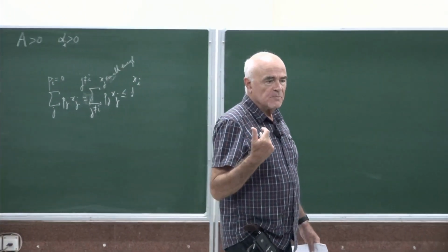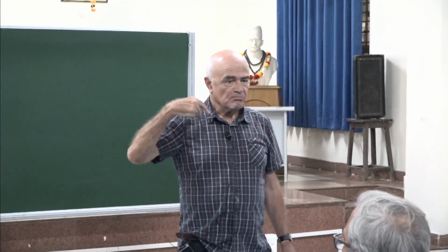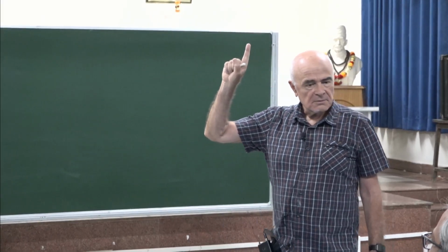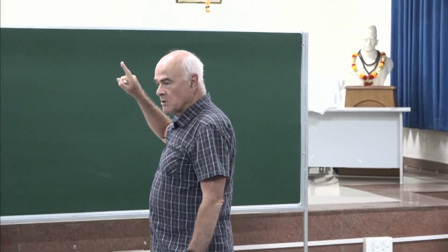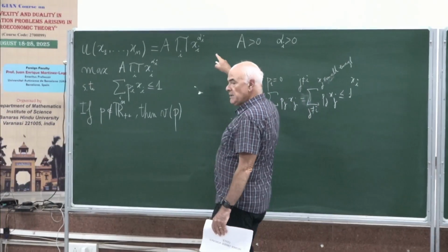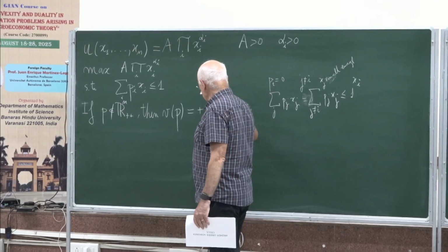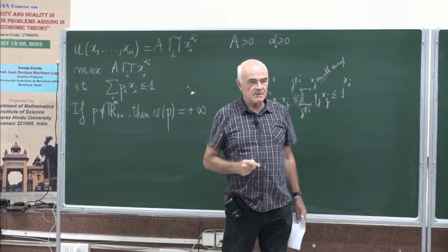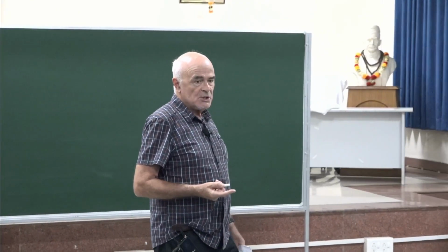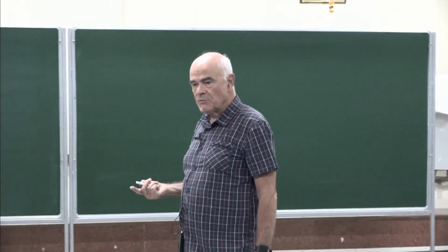In economic terms, if good i is for free, my demand of good i can be as large as I want without violating the budget constraint, and then my utility goes to plus infinity. Okay? So for this case, the solution to the optimization problem is trivial. The optimal value is plus infinity. Do you agree?